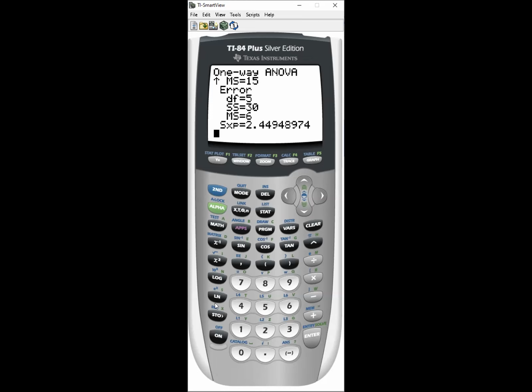Now you will see at the bottom there it says SXP. SXP stands for pooled standard deviation. Or simply the variance, pooled variance. If the standard deviation is 2.449, how do you find the variance? What should you do?